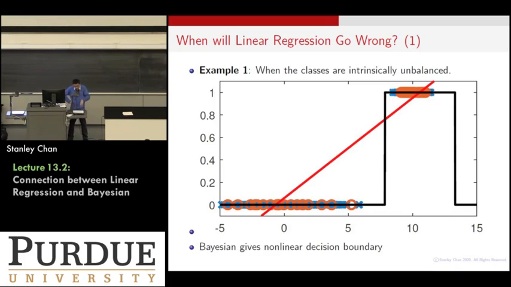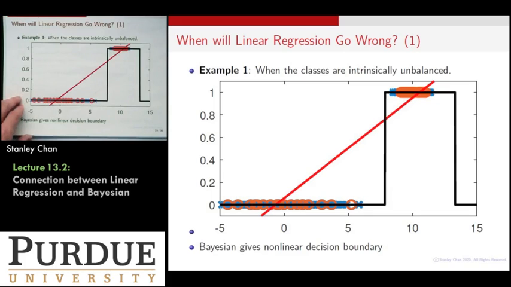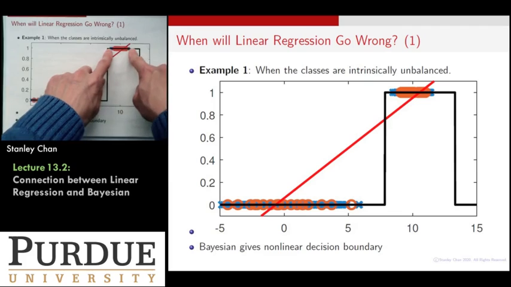Now, when will linear regression go wrong? I have a few case studies here. Case 1 is when the classes are intrinsically unbalanced. What do I mean? It means that first of all, here you have a very, very big variance. That's class 0, this is class 1.